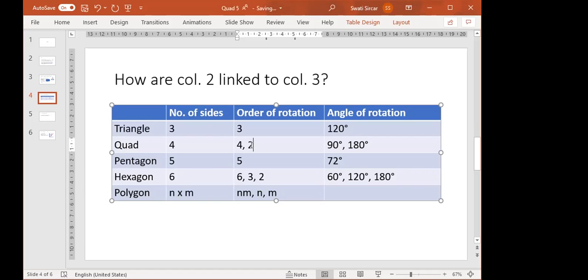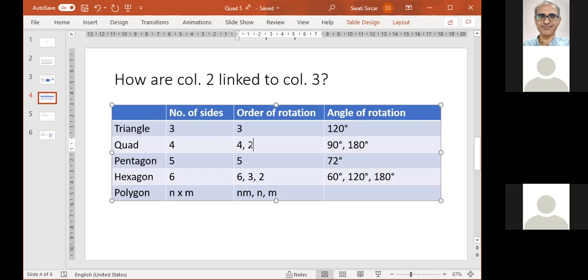So 180 degrees is the most general case. That is why we can take 180 degrees. And the important thing here is that a quadrilateral is 4-sided. 4 is an even number.